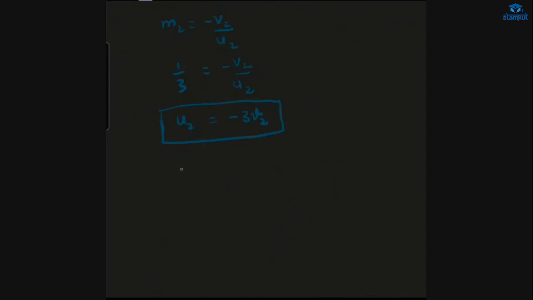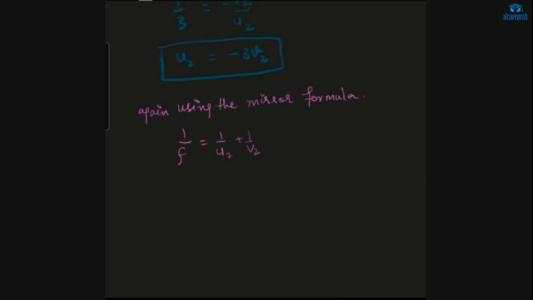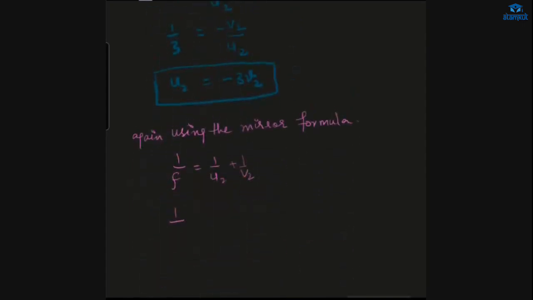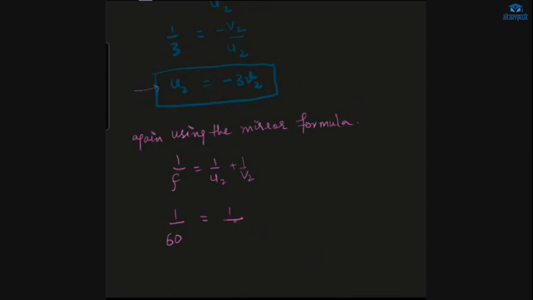Using the mirror formula once again, 1 by f is equal to 1 by u2 plus 1 by v2. f will remain the same because it's the same convex mirror. So in place of f we write 60, and in place of u2 we write minus 3v2.